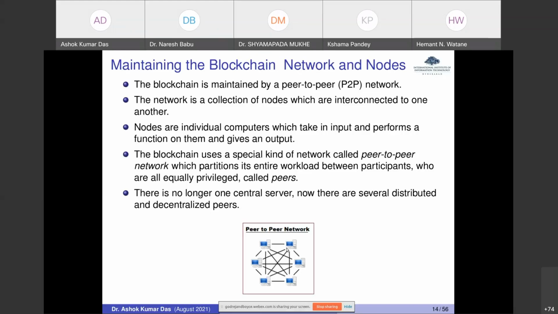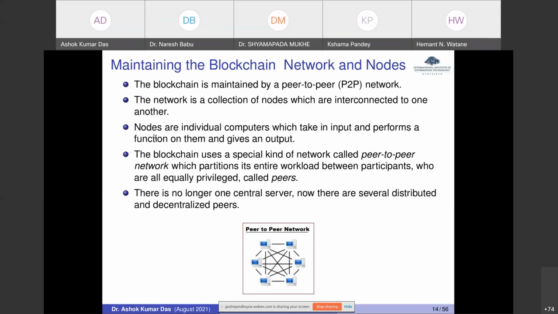Say, for example, if there are n nodes in a P2P network, a node can communicate with the remaining n minus 1 nodes in the network. As a result, we'll have nC2, that is n(n minus 1)/2, possible links in the network.